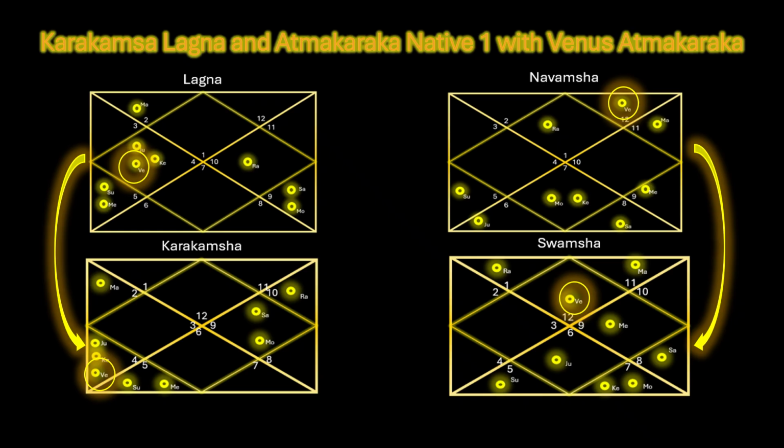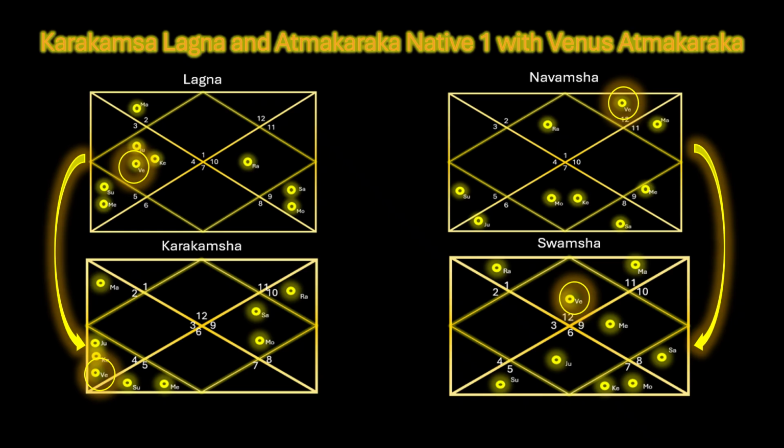So in this case, the Atma Karka is Venus, and Venus is sitting in this native's Lagna chart in Cancer and in the fourth bhava. We are not taking the bhavas into consideration, but it is sitting in Cancer sign. However, when you go into the Navamsha, which is to the right, I have put the headings of the charts on top of the chart.